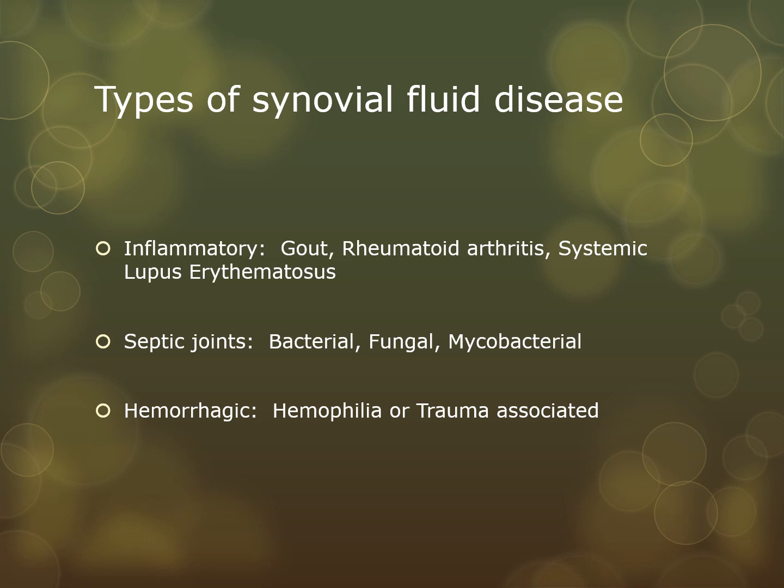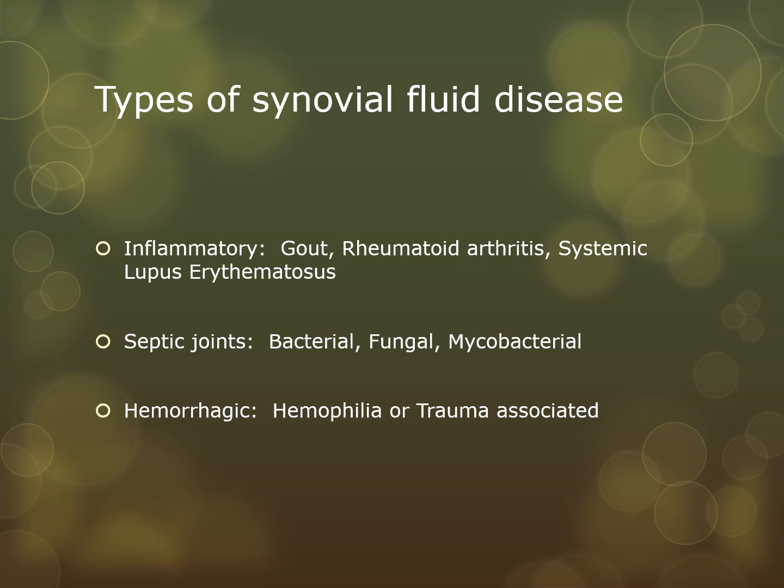So there's at least 3 types of synovial fluid categories that are associated with disease. First, we have the inflammatory. This would include diseases like gout, rheumatoid arthritis, and systemic lupus erythematosus. Gout is a uric acid metabolic disease, while rheumatoid arthritis is an autoimmune disease that presents with inflammation of the joints.